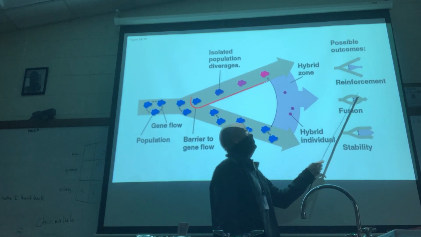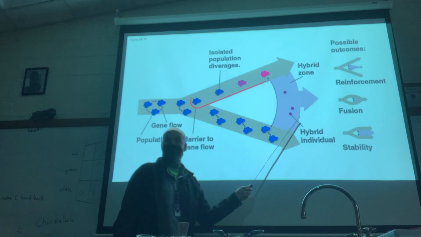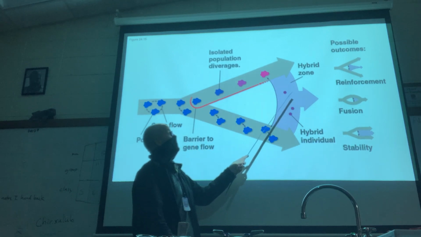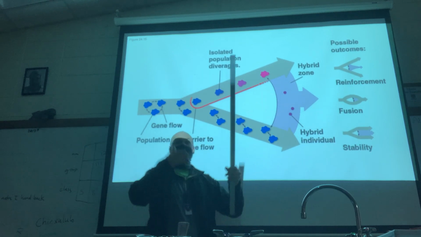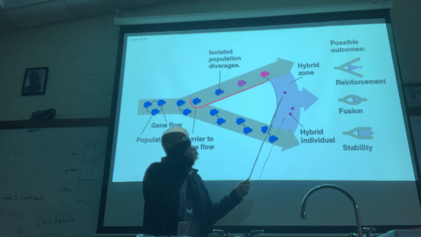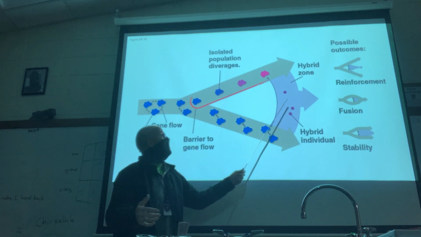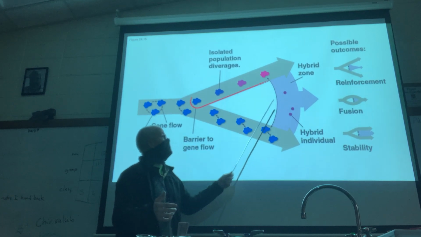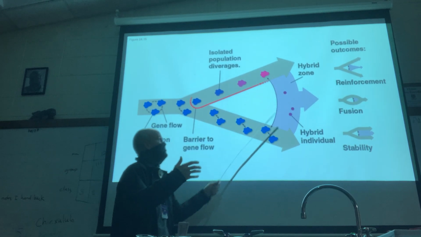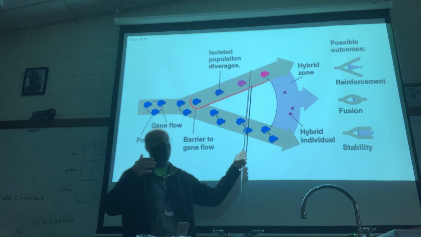Now, in the case where the hybrids that are produced in this zone are more fit, when they have even more advantages than either of these populations, well, they proliferate. And there's a lot of them. And they can easily survive and mate with members of this population, members of that population, and genes are transferred around the zone.